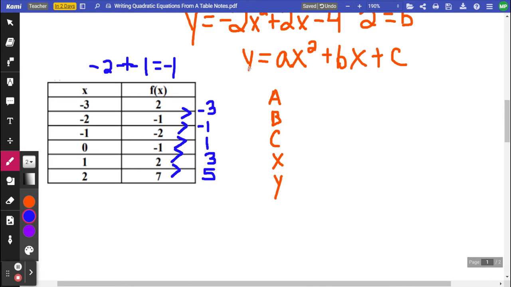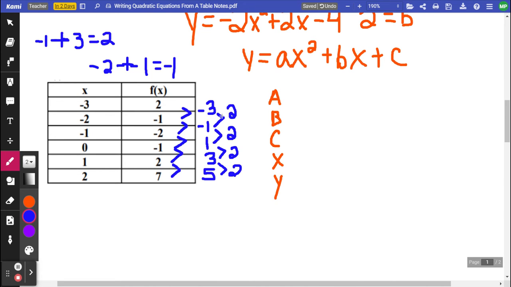So to find the second difference, we have to do it one more time. -1 minus -3. Minus a negative becomes a positive, so it's -1 plus 3, which is 2. 1 minus -1, so it's 1 plus 1, which is 2. 3 minus 1. 5 minus 3.